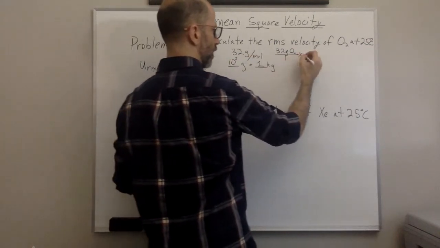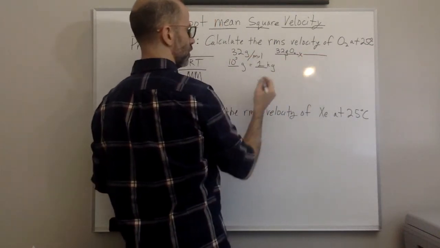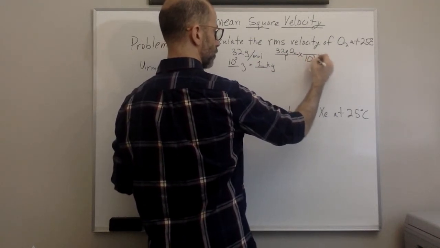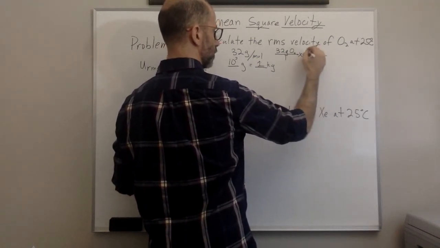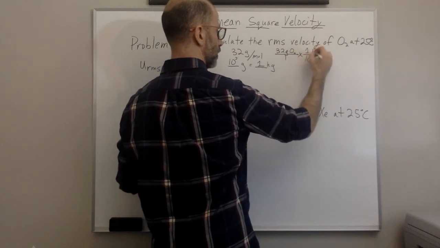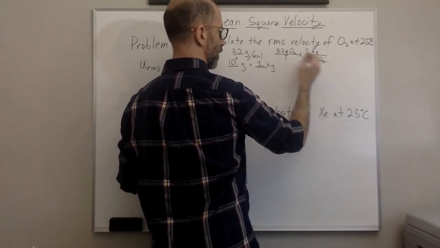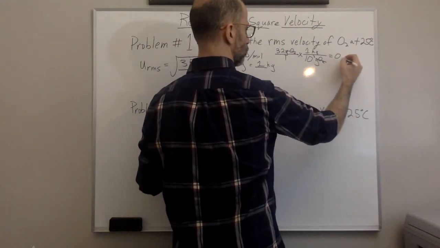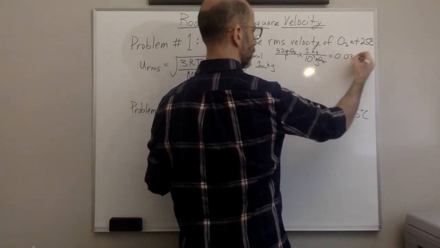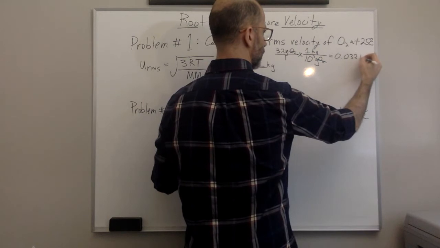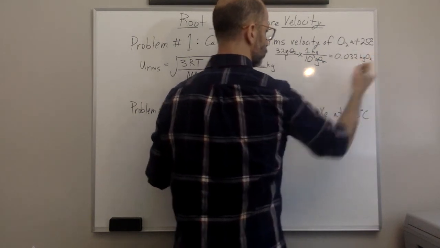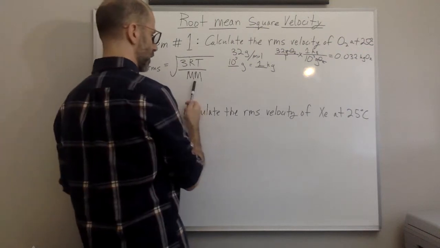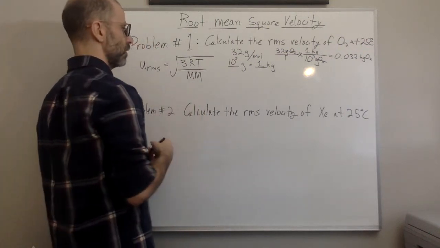And so I can use that as a conversion factor now. 10 to the third grams of O2 on the bottom, and 1 kilogram on top. So grams cancels out, and you get 0.032 kilograms of O2.